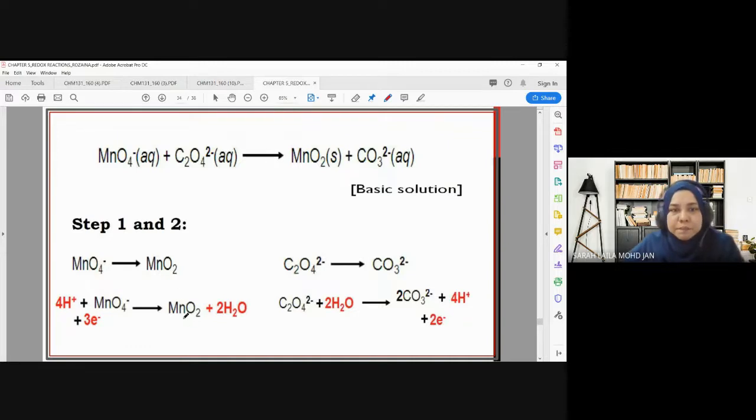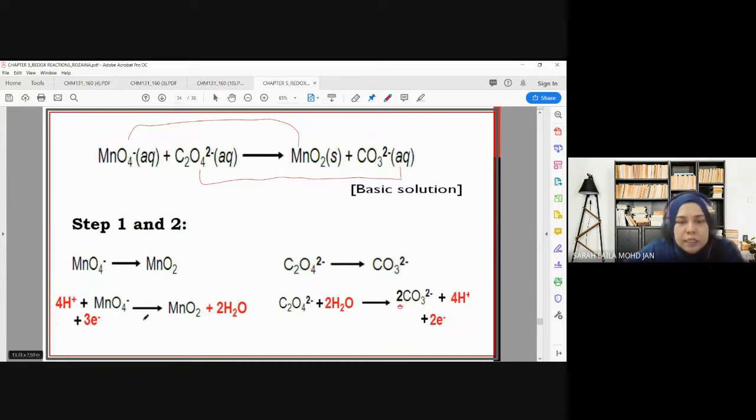Okay, kita tengok ini step sama. Step pertama, step kedua. Step pertama balance other than O. Ini dia balance 2 ni. Okay, ini equation dia. Step kedua, balance selain daripada O tadi. Ini dia balance kat sini.